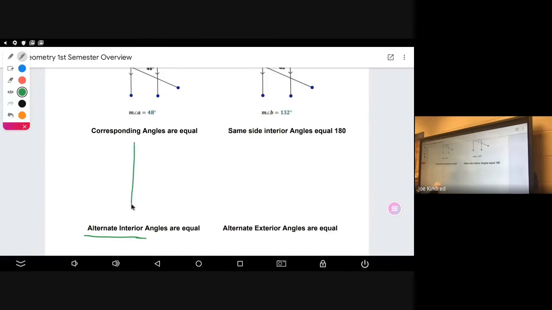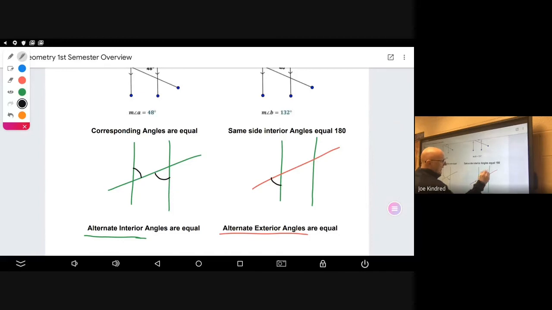So if we have two parallel lines and a transversal, alternate interior angles would be these two angles here. And again, if we have two parallel lines and a transversal, alternate exterior angles would be something like this. These two angles are equal. And so the diagrams didn't show up in the video, but there you go. Alternate interior angles are equal and alternate exterior angles are equal.